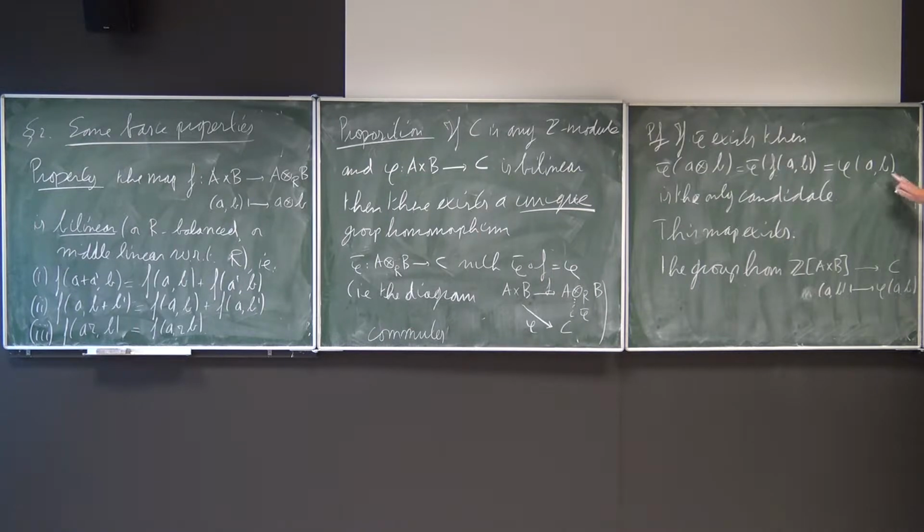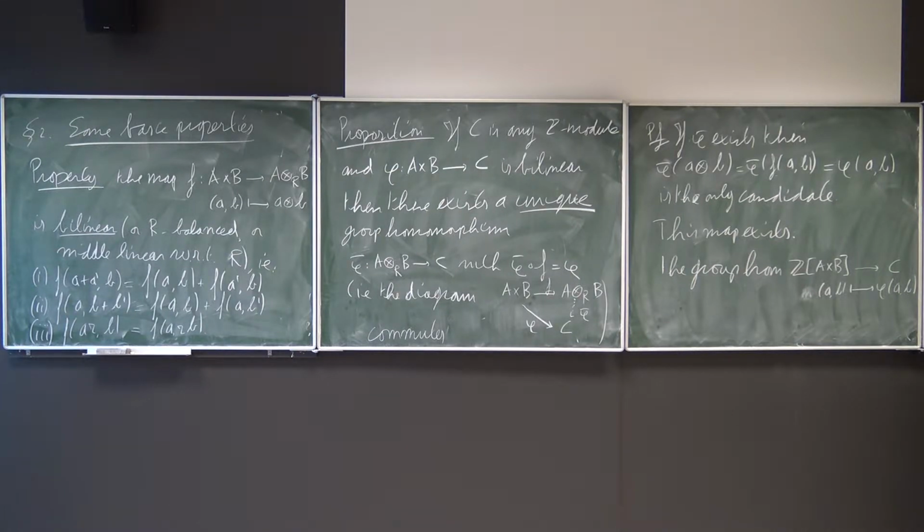Okay, that's the only thing that we could have, because if we are going to factorize this thing through the quotient, which is the tensor product of A with B over R, then this is what is dictated here in the end. a tensor b, which will be the class here, would map to that one.